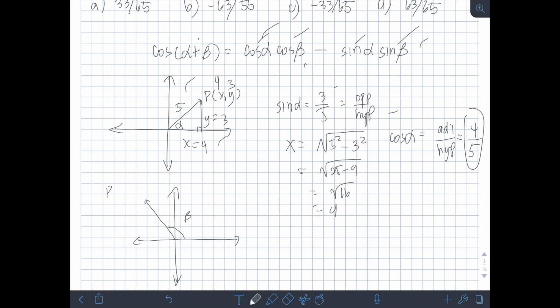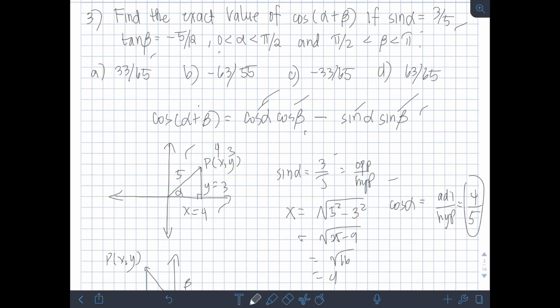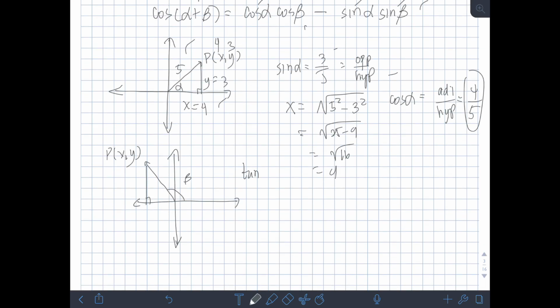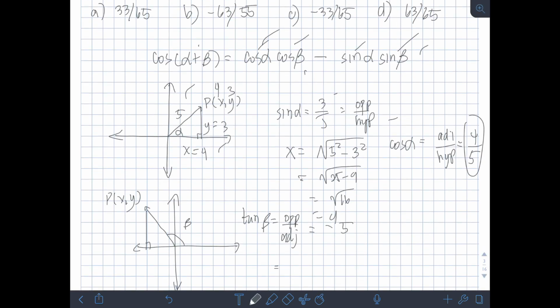So, meron tayong point P din with x and y coordinates. So, draw natin yung right triangle na mabubuo. So, di ba given tayo na yung tangent beta is negative 5 over 12. So, di ba yung tan beta is opposite over adjacent, right? Is equal siya sa negative 5, tapos yung adjacent is 12.